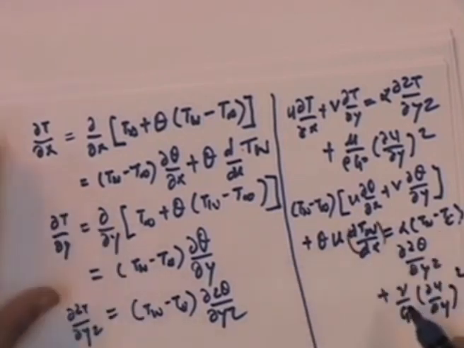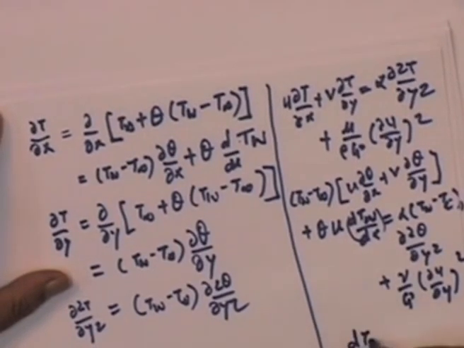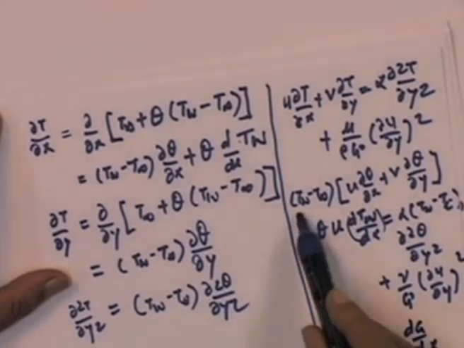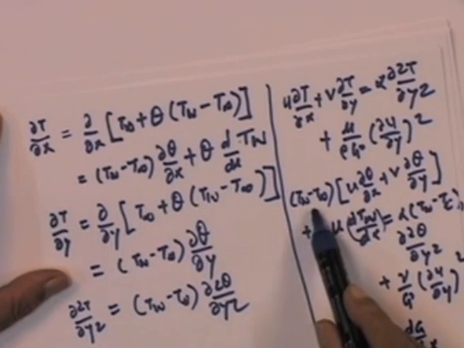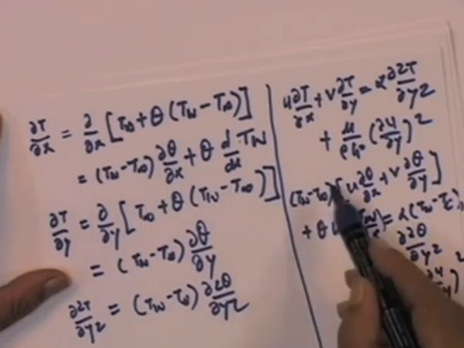If I divide through now, dTw by dx is nothing but dg by dx, and T w minus T infinity is nothing but g.